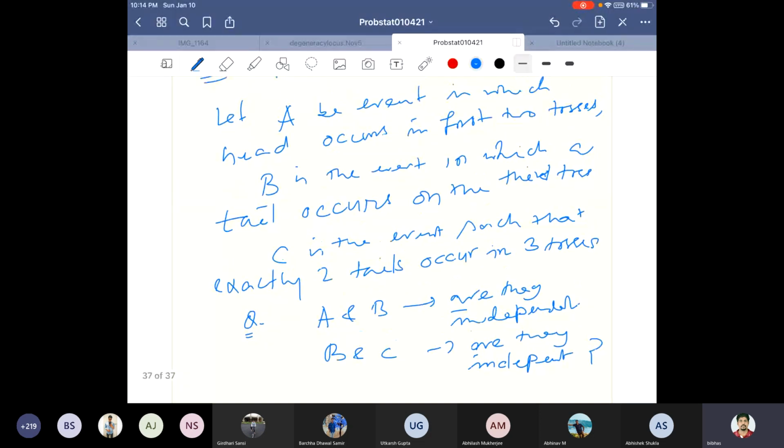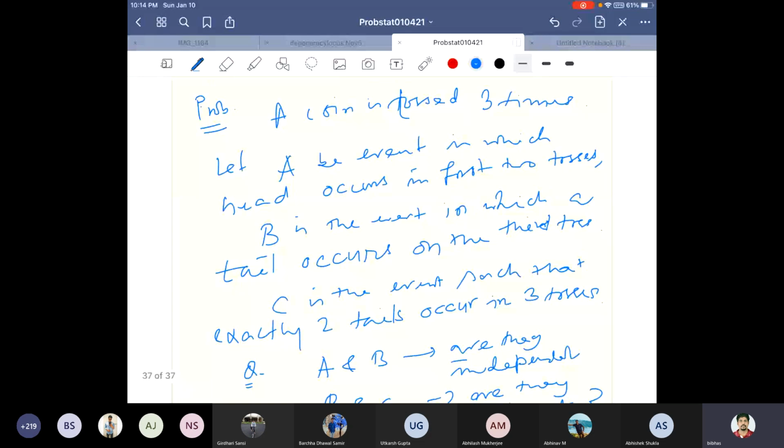So what I'm doing here, I have a coin and I'm tossing the coin 3 times. A is the event that in the first 2 tosses, both times head occurs. B is the event that when you toss the coin for the third time, tail occurs, and you don't care what happened in the first two tosses.